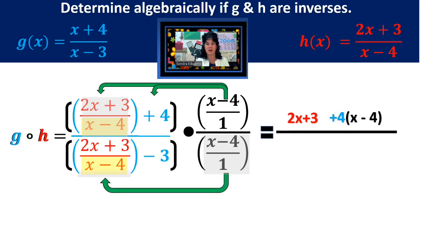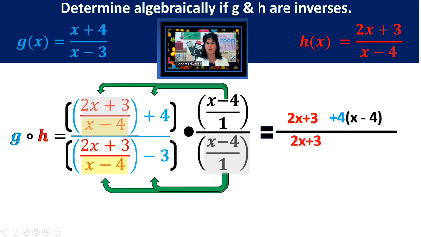Let's start there. If I multiply 2x plus 3 over x minus 4 by x minus 4 over 1, this x minus 4 is going to cancel with that x minus 4, leaving me with just 2x plus 3. Then I'm going to distribute the x minus 4 over 1 to this negative 3.